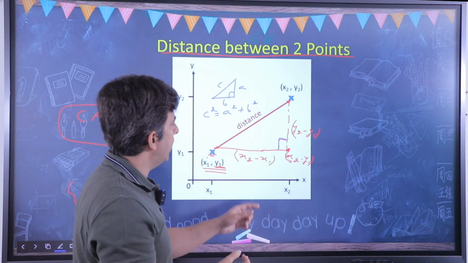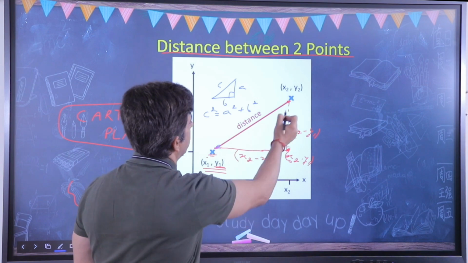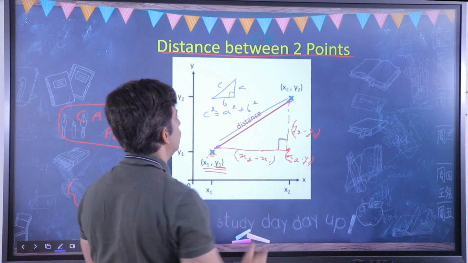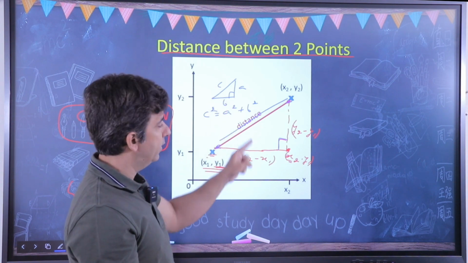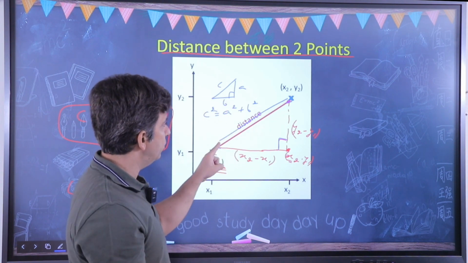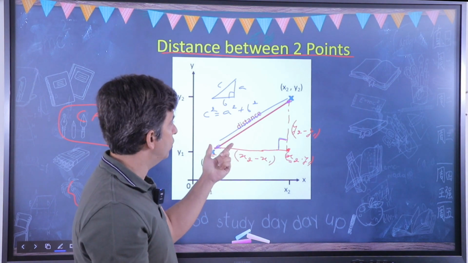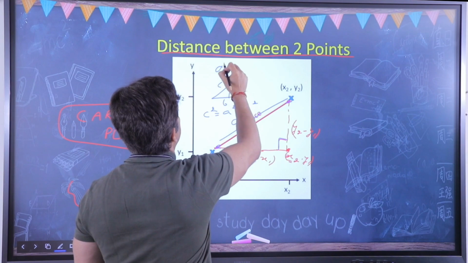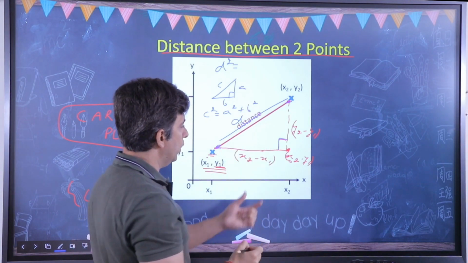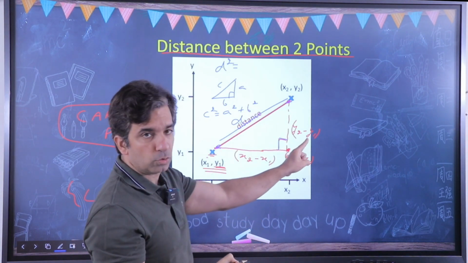The distance which has been asked for is actually the hypotenuse of this triangle, so it would be represented by C. Let us assume that this distance is D. Then D square would be equal to A square plus B square.